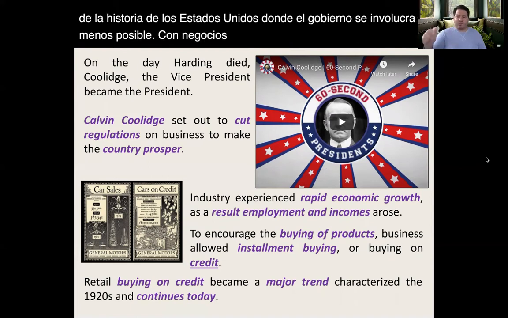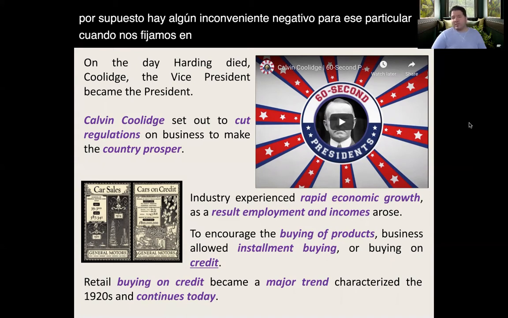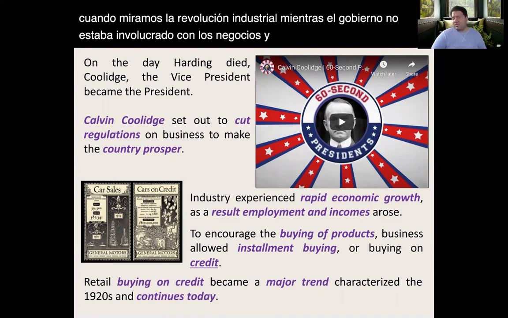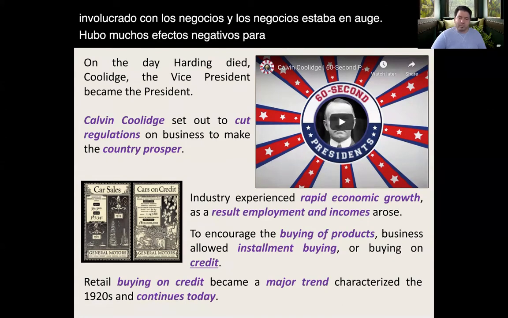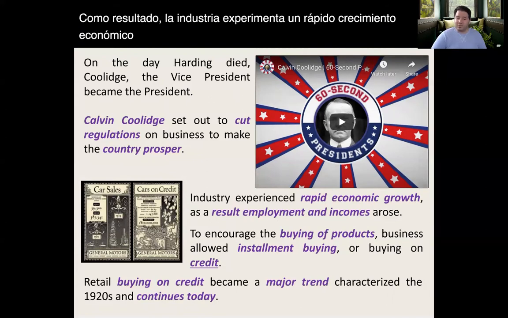But there are, of course, some negative drawbacks to that, particularly when we look at the Industrial Revolution. While the government was not involved with business and business was booming, there were many negative effects to the individual workers. As a result, industry experienced a rapid economic growth, and as a result, employment and incomes rose.